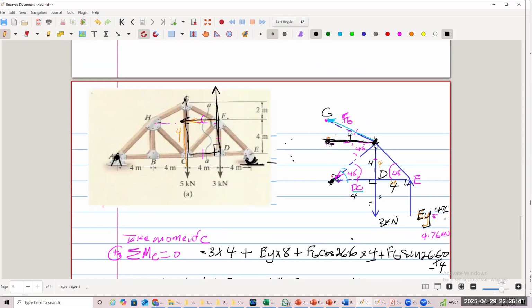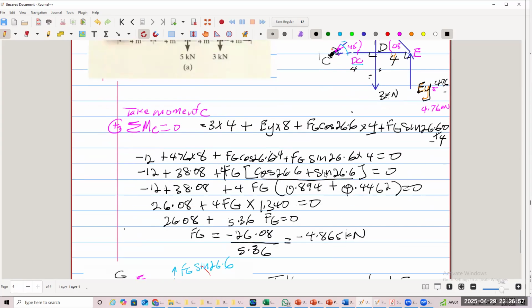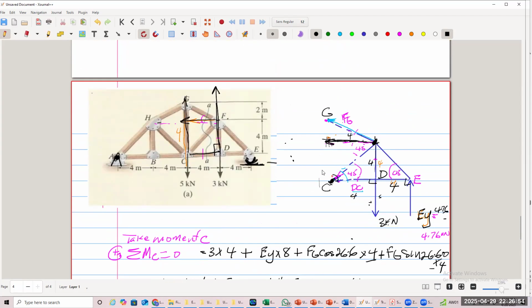So you can use moments at these points. At F and C, you can use moments. Remember, don't believe that you cannot because you cut the frame. Your cutting line comes across, you cut it across here.